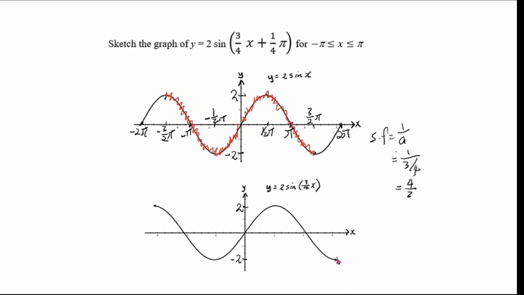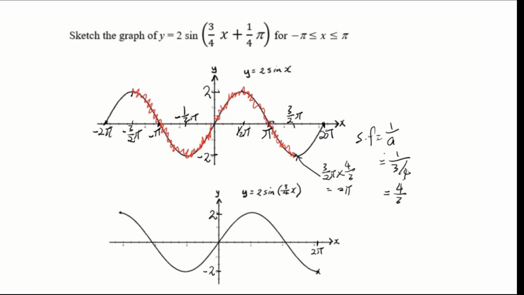Now we start from the first point. For this point, before enlargement, it is 3 over 2 pi. After enlargement, we need to multiply with the scale factor. So the image after the enlargement is equal to 2 pi. So this minimum point is 2 pi. Now we go to the second point.